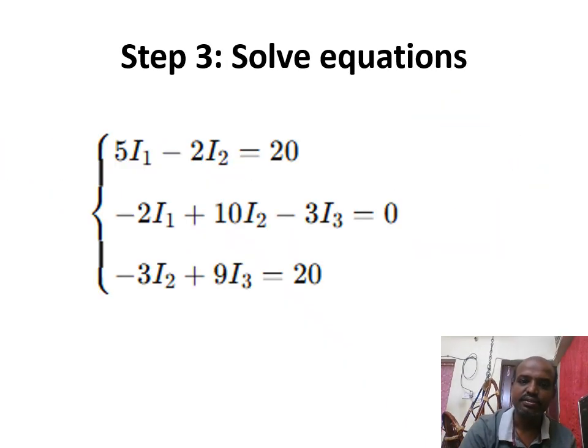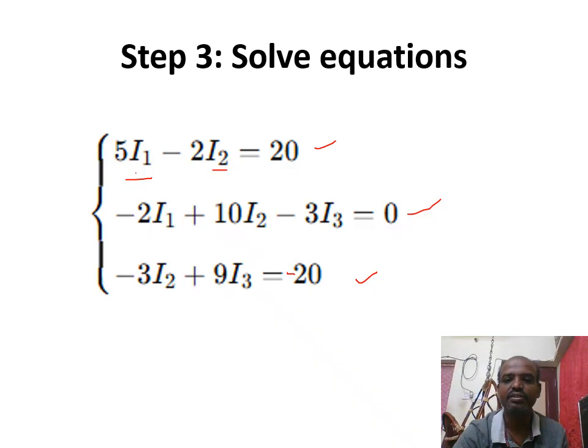Okay, so these are the 3 equations we obtained. So here we have 3 equations and 3 unknowns. What are the 3 unknowns? I1, I2 as well as I3.